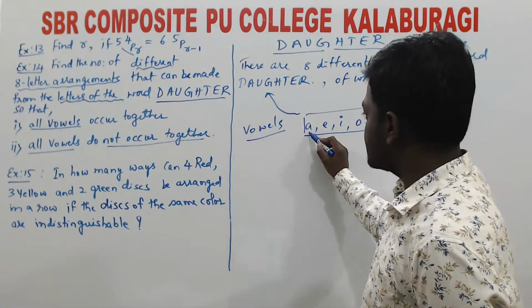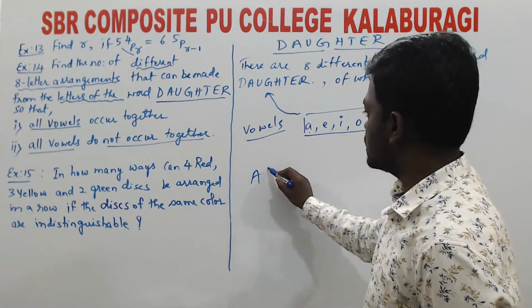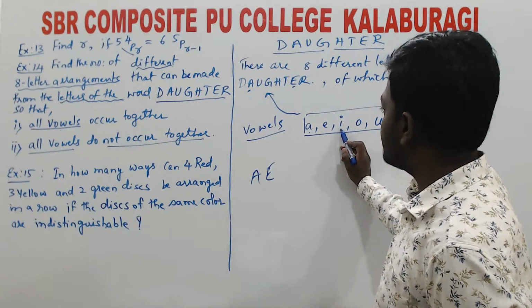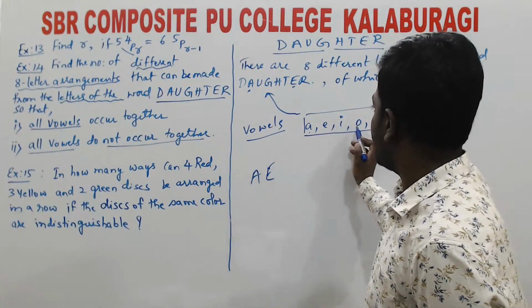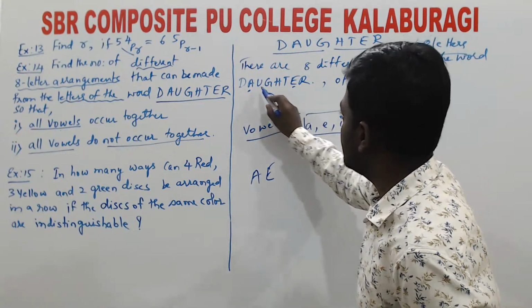Now let me check, are there any vowels in the given word daughter? Is A present, students? Yes. Is E present? Yes, it's over here. Is I present? I is not present. Is O present? O is also not present. Is U present? Yes.